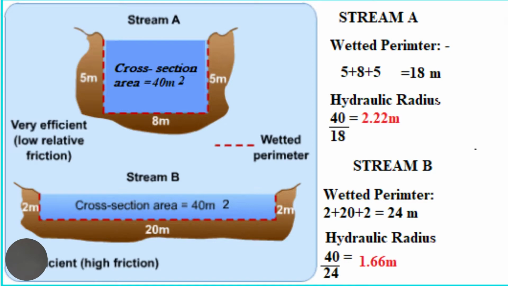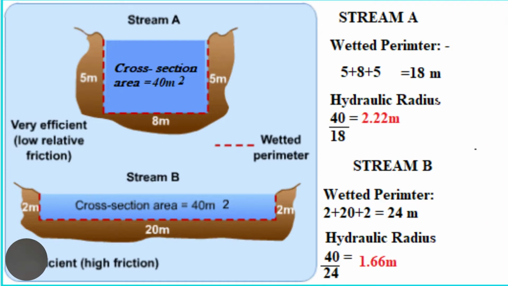Thus, the hydraulic radius for channel B can be obtained by dividing 40 by 24, which gives us 1.66 meters. So we can conclude that channel A or stream A has a greater hydraulic radius.